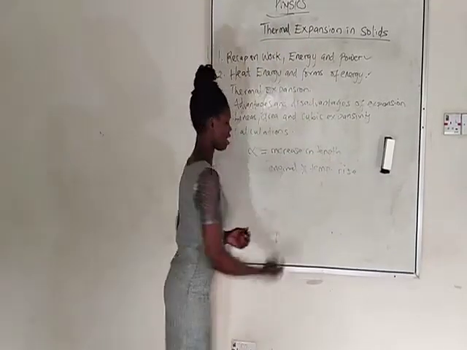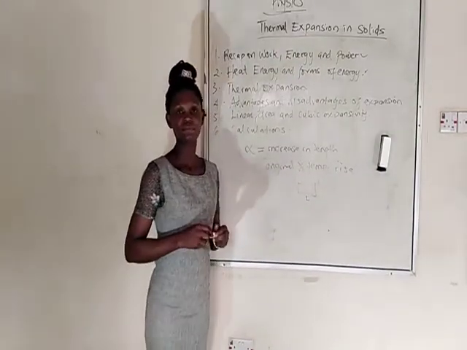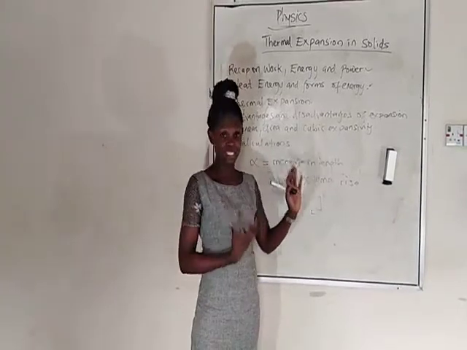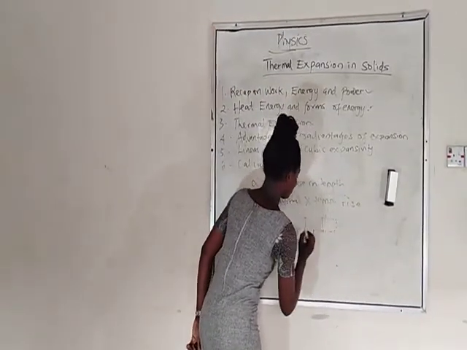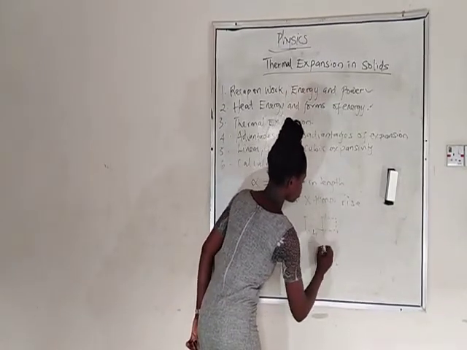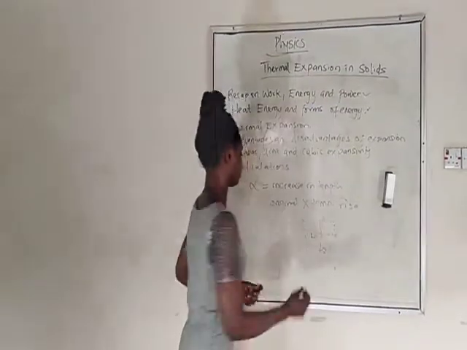So let's say we have a metal that has length L. After the temperature has been increased, of course, by heating, this body expands to a particular length. And let's say from here to here is L1, then from here to here is going to be our L2.